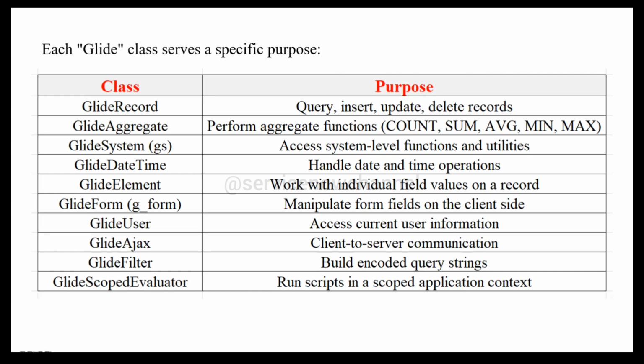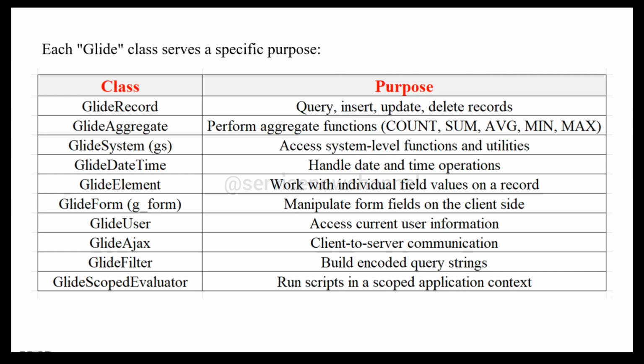And next we have GlideSystem. In GlideSystem it starts with gs. For example, let's take syntax like gs.userID or gs.print, gs.info, so like that. Those all things come under GlideSystem. So GlideSystem purpose is to access system level functions and utilities.